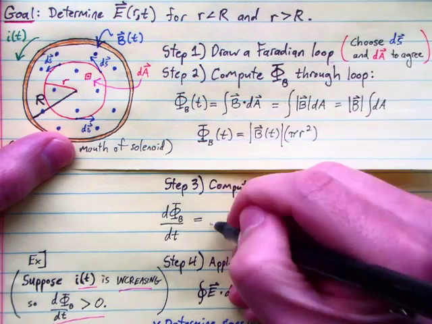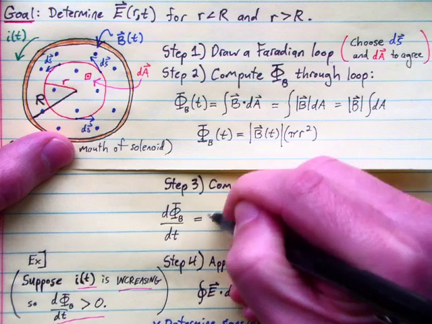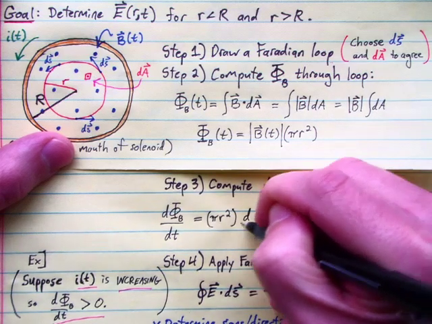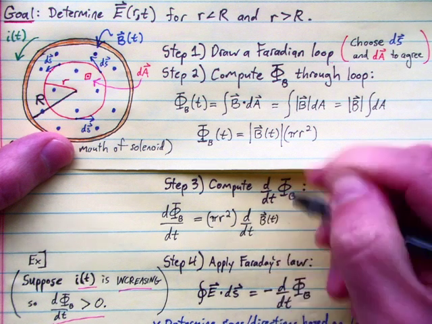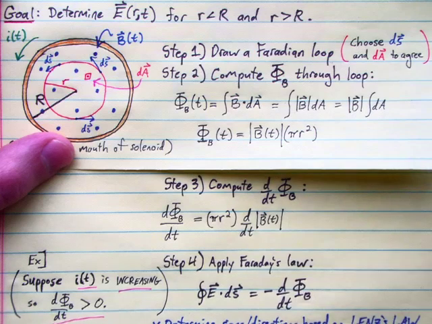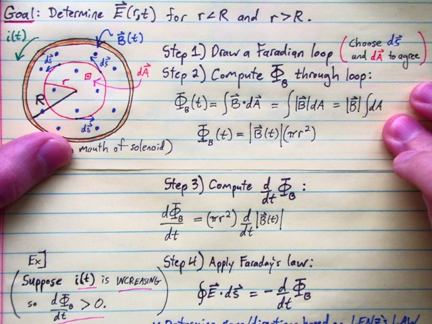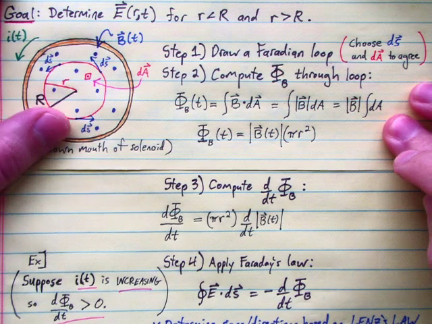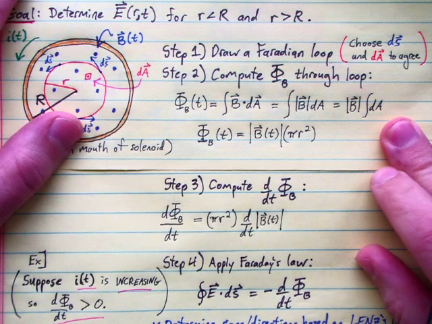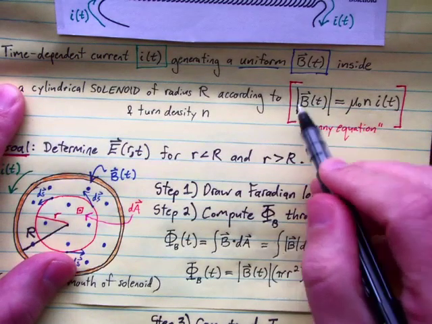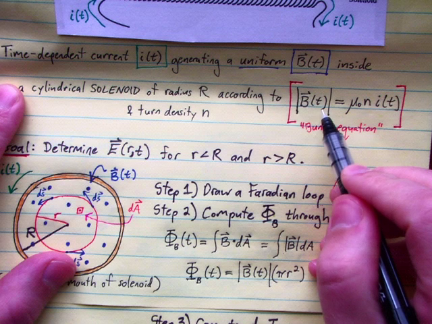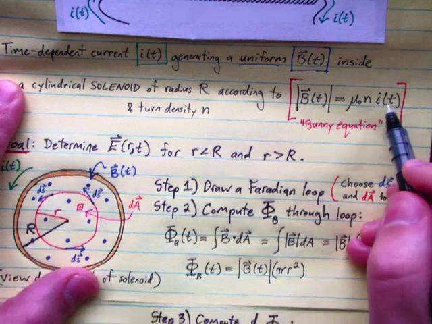And we just have pi little r squared, and we need the time rate of change of the magnitude of the magnetic field inside the solenoid. We could here apply our Bunny equation and note that the time derivative of the magnetic field will just depend on the time derivative of the current.